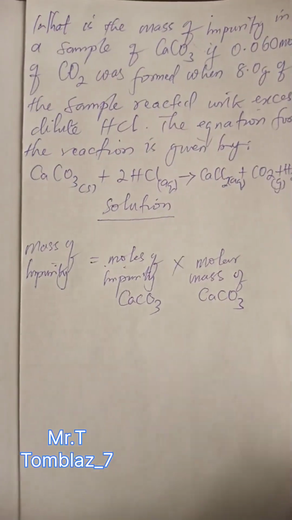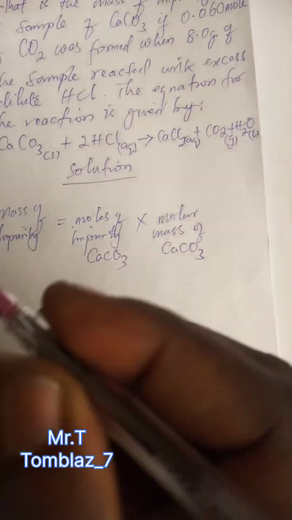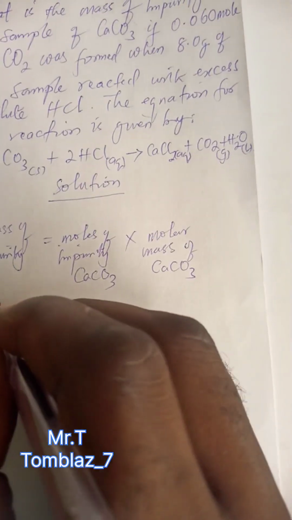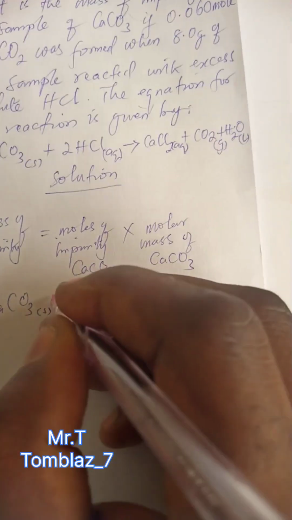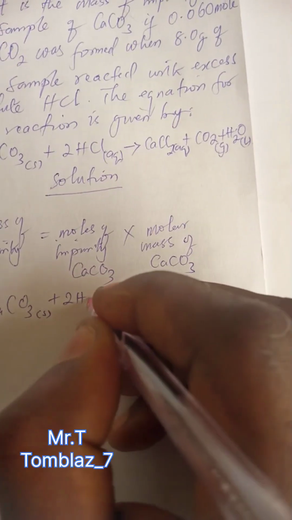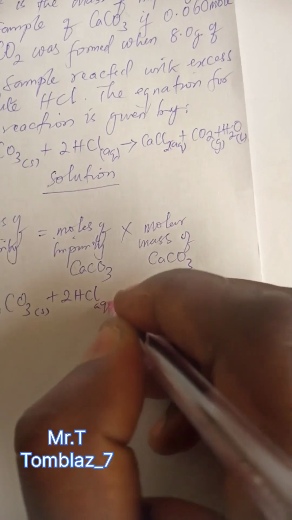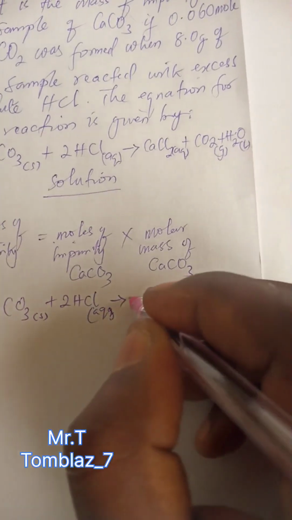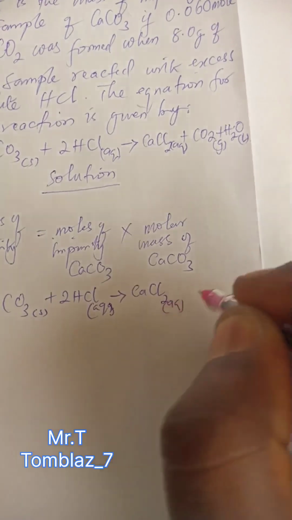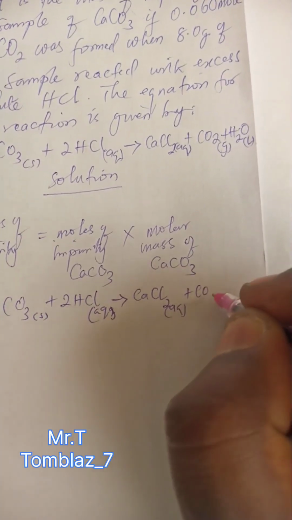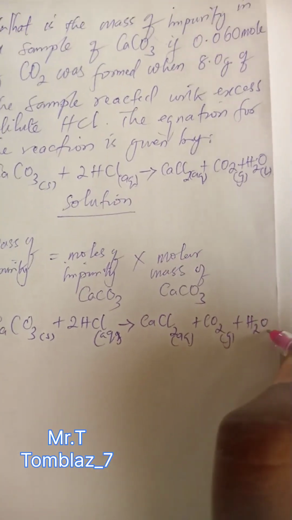Okay, so let's see how we go about this. First and foremost, let's bring our equation. CaCO3 solid reacting with hydrochloric acid aqueous to produce calcium chloride aqueous plus carbon IV oxide gas plus H2O liquid.